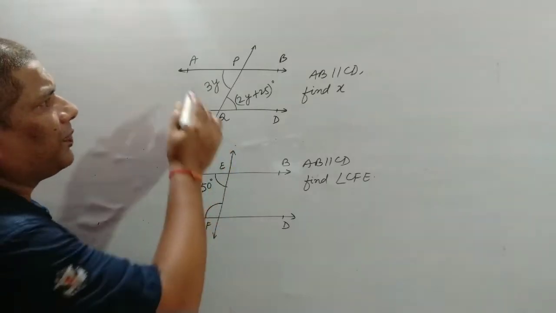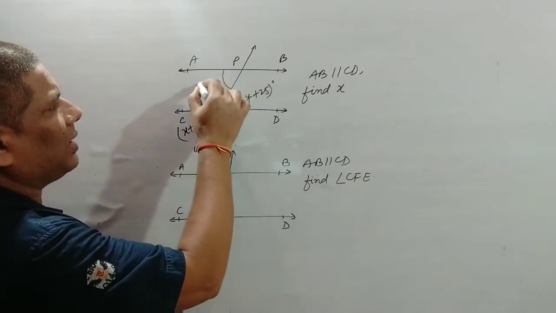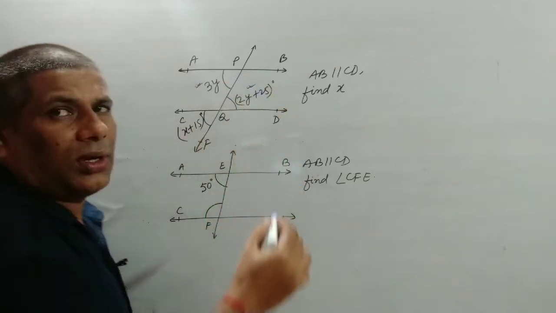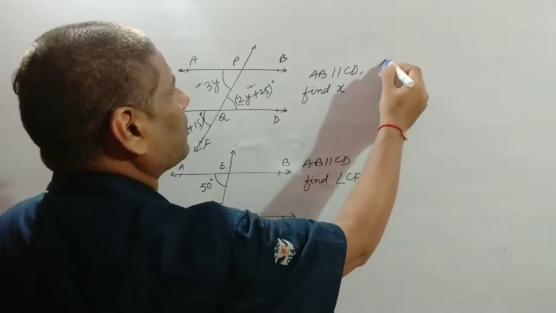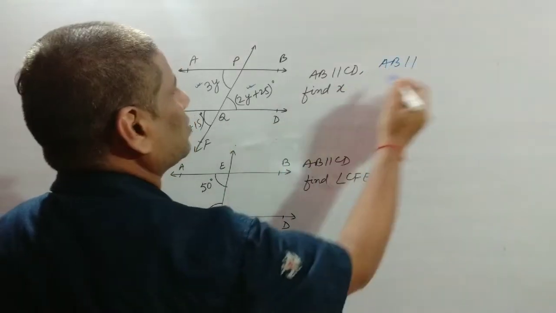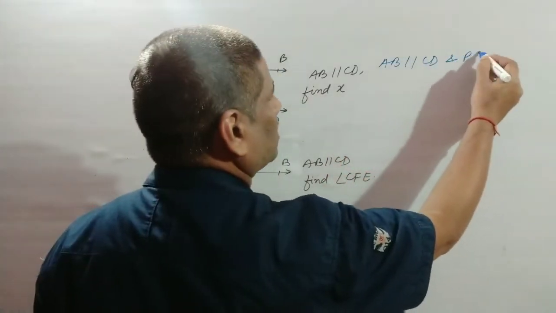Just see simply. AB parallel to CD and PQ is transversal, so this angle and this angle are equal by alternate interior angles. So let us see the solution.